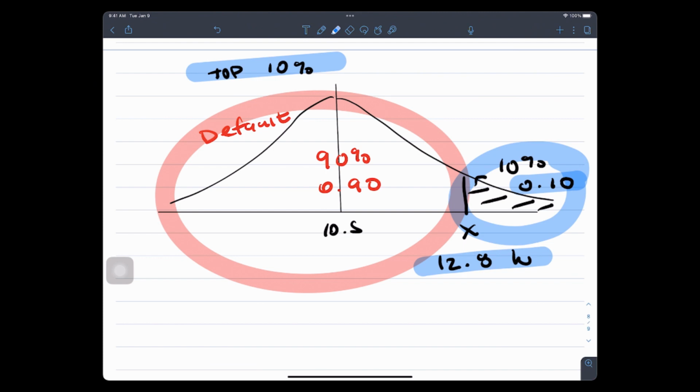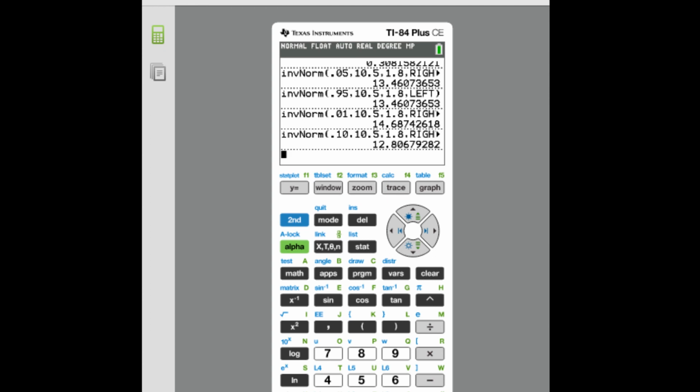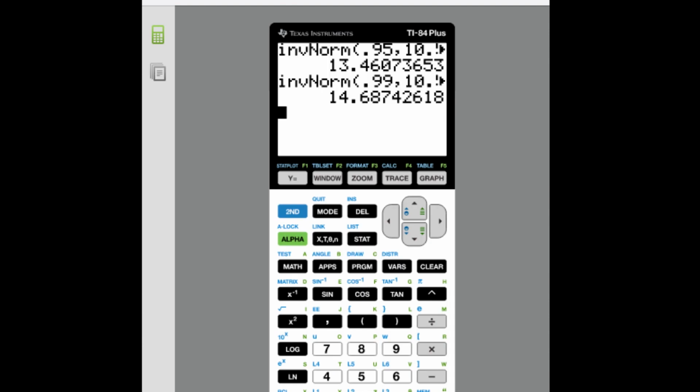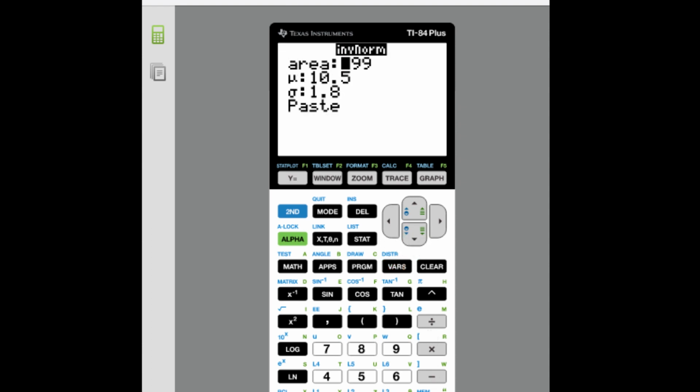Okay, now let's go to the older calculator, not the fancy one. We got to get 12.8. So we got to use the default now, just to kind of verify. Notice some of you guys have, under inverse norm, you don't have an option for left, right, and center. So you're going to have to use the default.